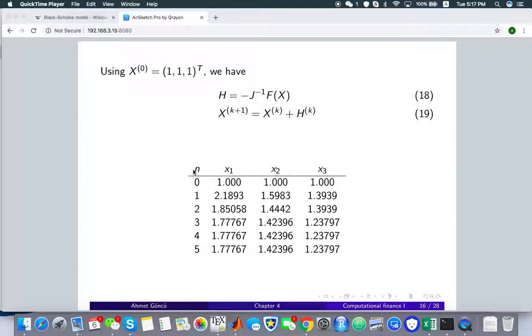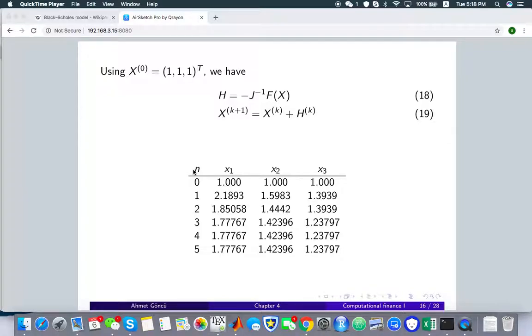You can notice something here: if we do the calculations in MATLAB, which we can do easily, after a few iterations the value of this x vector does not change anymore, at least within 5 digits after the decimal point. This means we have achieved convergence, and if you are satisfied with these 5 digits, you can stop your algorithm, because there is no need to repeat more iterations unless you are getting a difference in the x values.